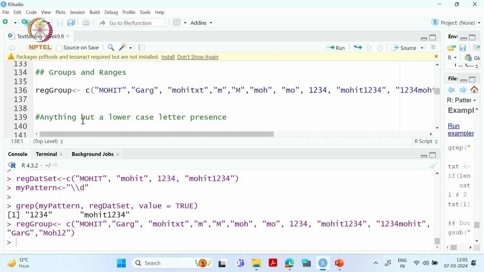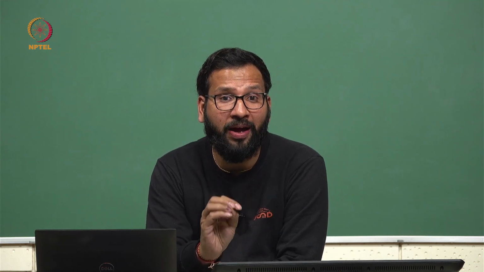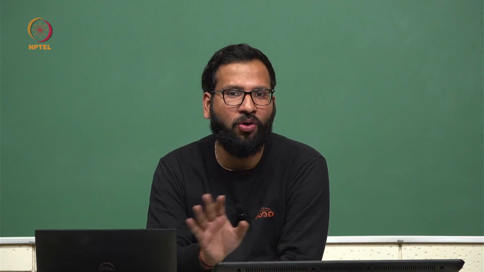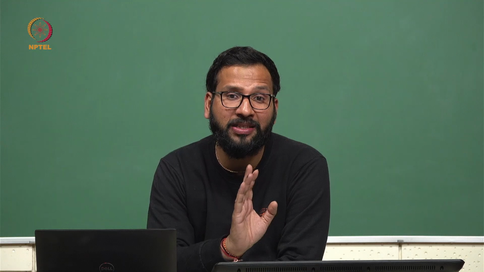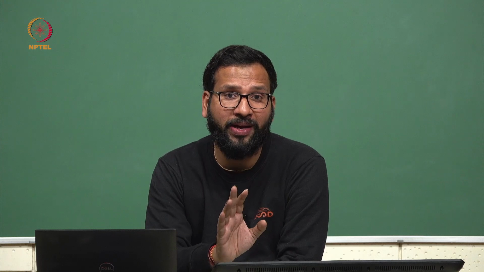Now our focus is that we want to extract only those words which have lowercase. We are not focused on any of the numbers or the uppercase. We just want lowercase words.